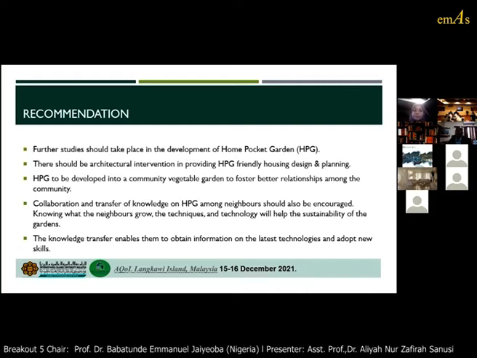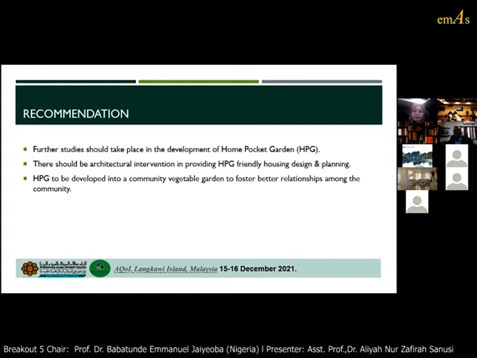I was just thinking, does it have anything to do with the levels of income that the occupants have? Did you choose a high density area, a low density area, or is it related to density or to the level of income? It's more to the level of income.